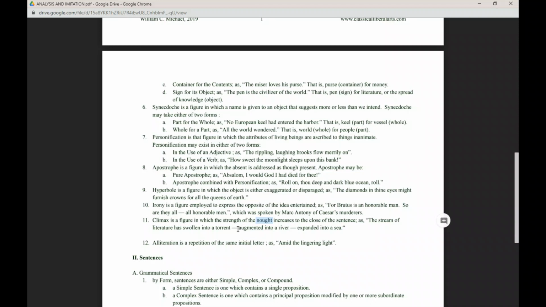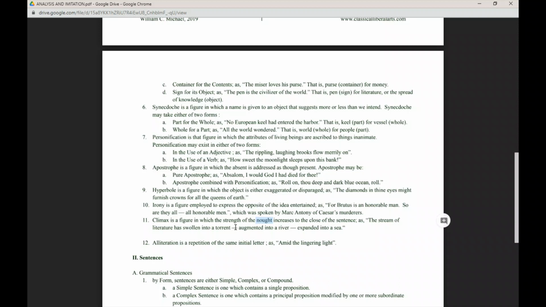This is an example of the figure of climax, where the author begins with a simple description, then says it's increased to something greater, and then to something even greater, to build up that effect over the course of the sentence. This is climax. And then lastly, the 12th rhetorical figure is alliteration.